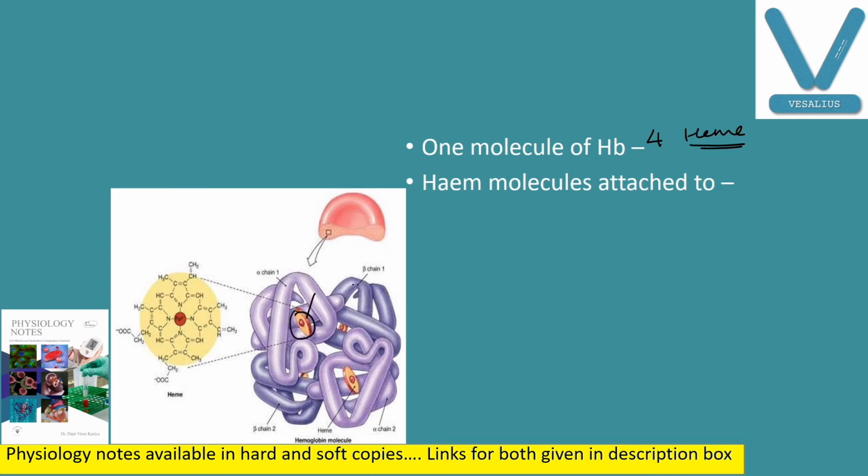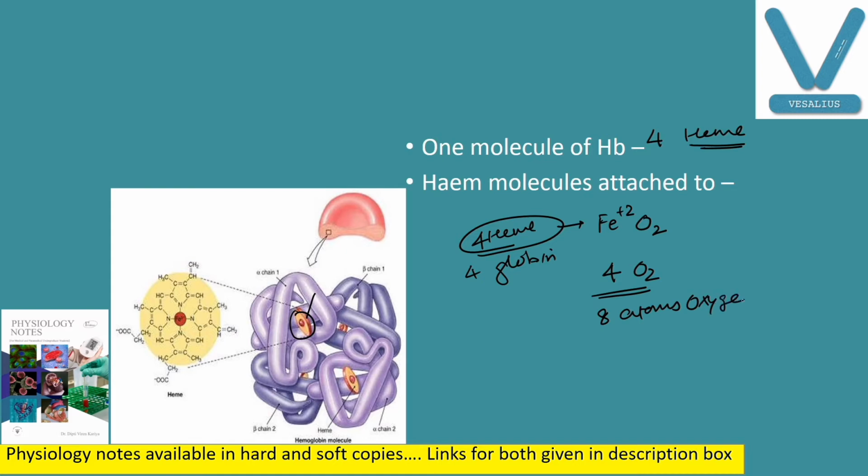So there are 4 heme molecules and 4 globin chains, and each heme molecule has one Fe+2 which binds with one oxygen. So you can say 4 molecules of oxygen, or 8 atoms of oxygen, are attached to the hemoglobin.